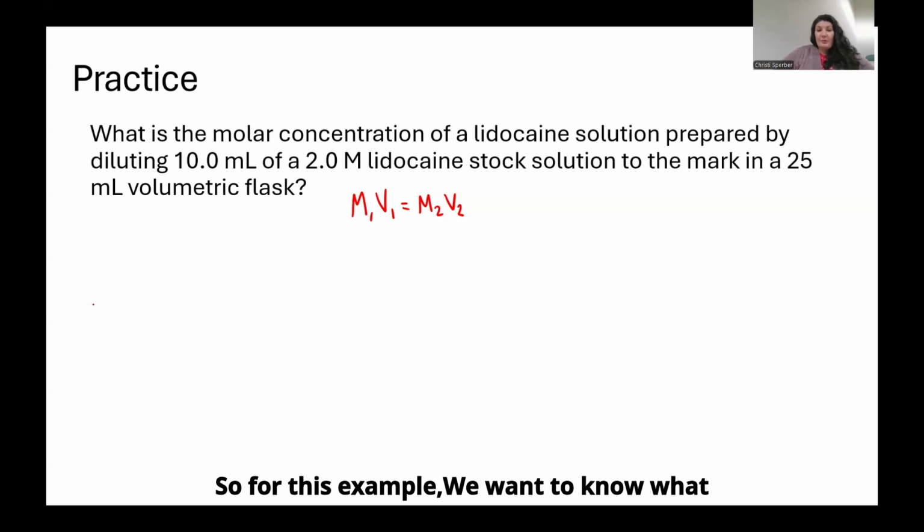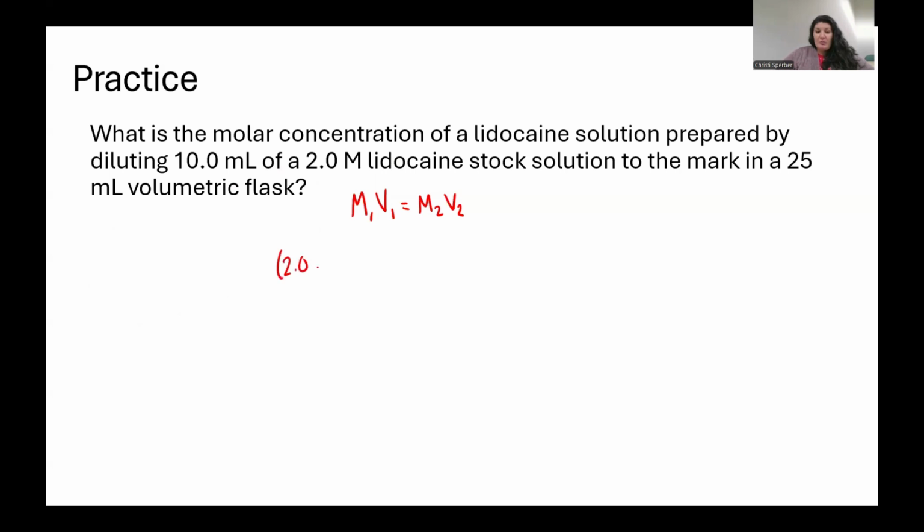So for this example, we want to know the final molar concentration prepared by diluting 10 milliliters of a 2 molar solution. We want to know the final molarity, and our total final volume is 25 milliliters.